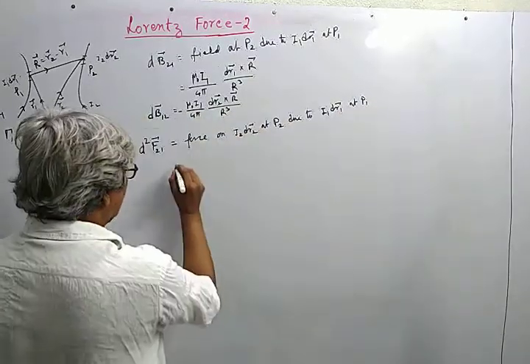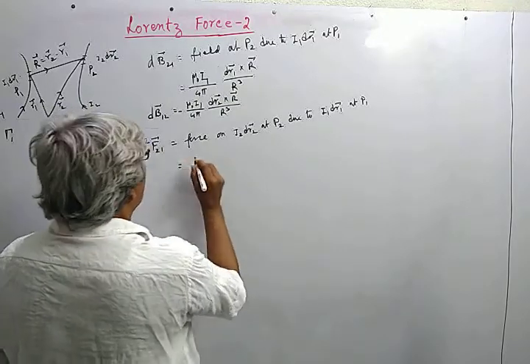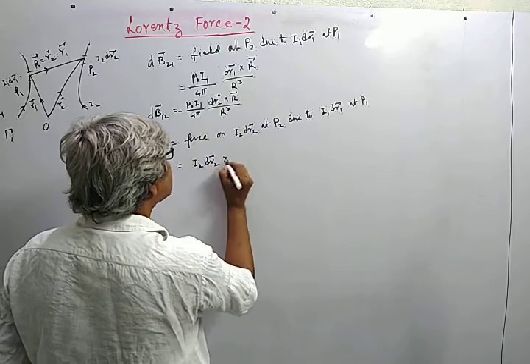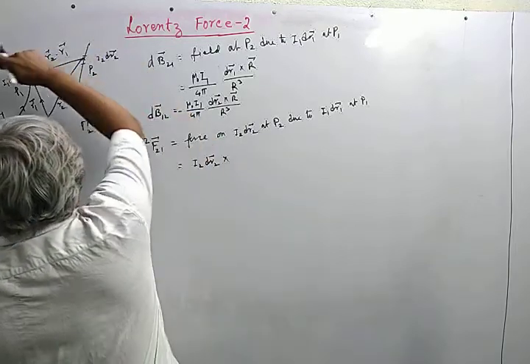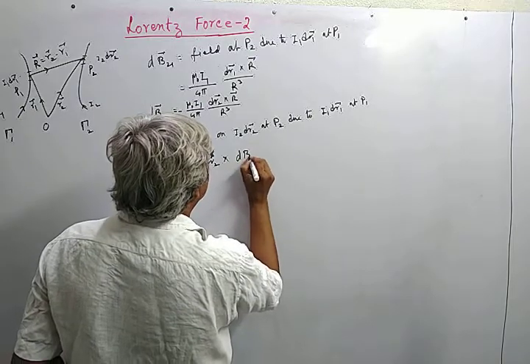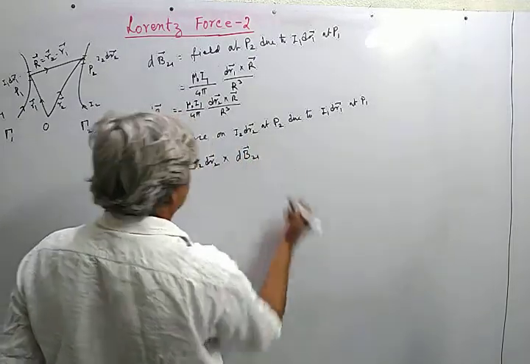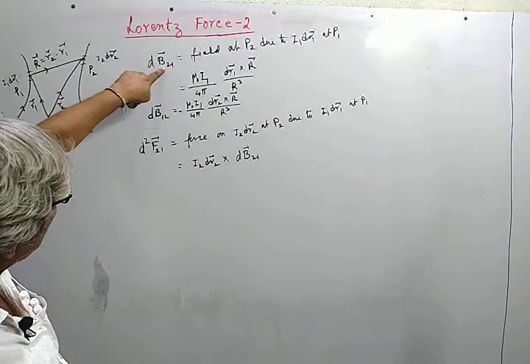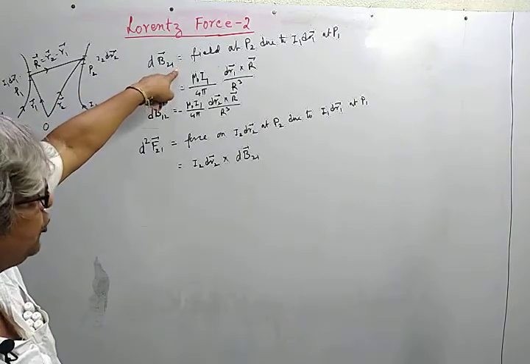So this is equal to I2 dR2 cross the field that is produced by this over there. So the nomenclature that we have used is that the first suffix is on and the second suffix is due to.